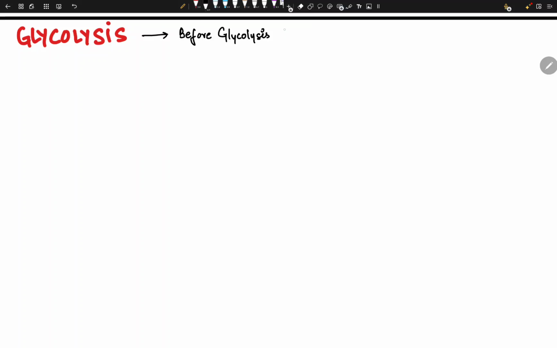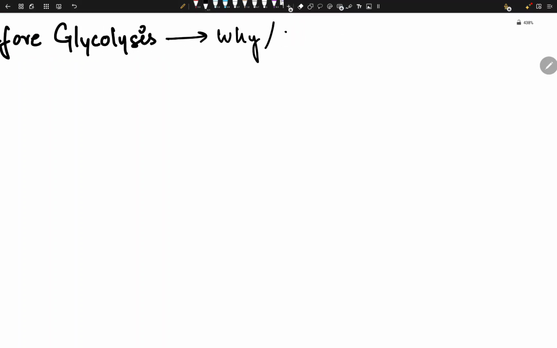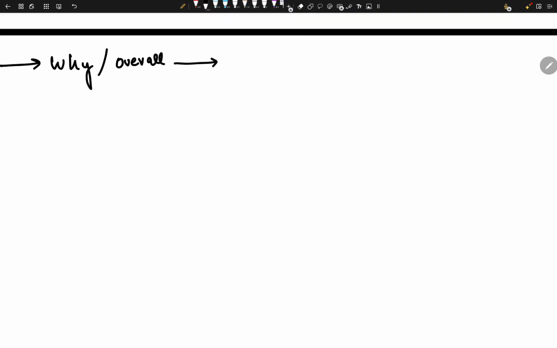Then we will understand why glycolysis even exists. Then we know why, and just the overall glycolysis thing. And then we want to understand the reaction, the glycolysis reaction itself, okay?